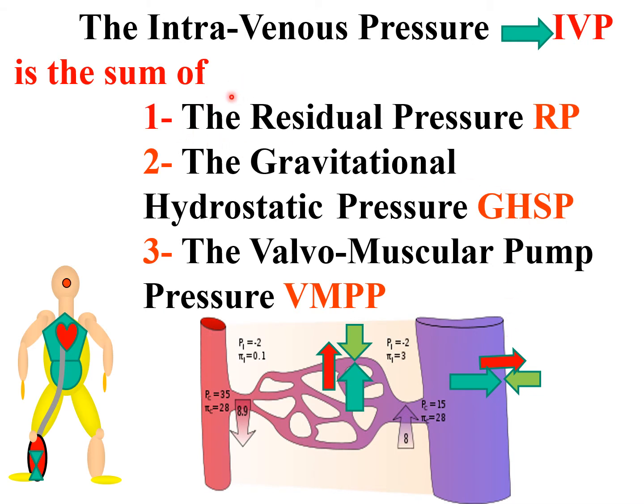The intravenous pressure is the sum of three pressures: the residual pressure, the gravitational hydrostatic pressure, and the valvo-muscular pump pressure.